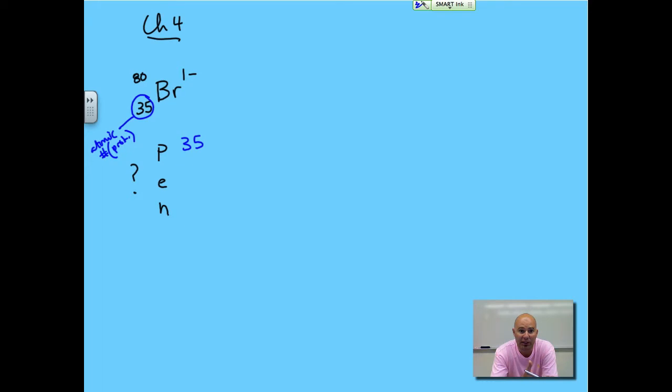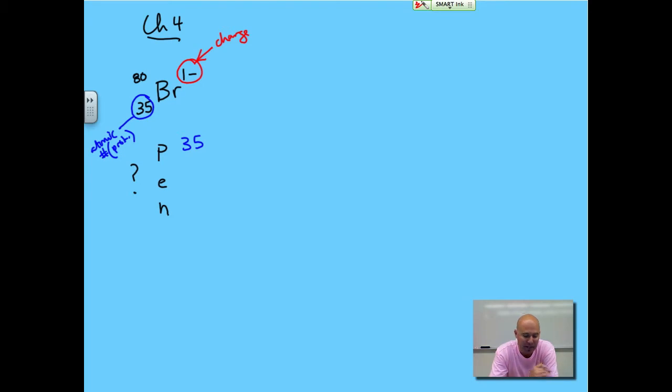Now, in order to determine the electrons, we look at the charge. So this is an ion. If there is no charge, if there's nothing written in the upper right, then the protons equal the electrons, because protons are positively charged, electrons are negatively charged, and therefore they'd be the same if it's a neutral atom.